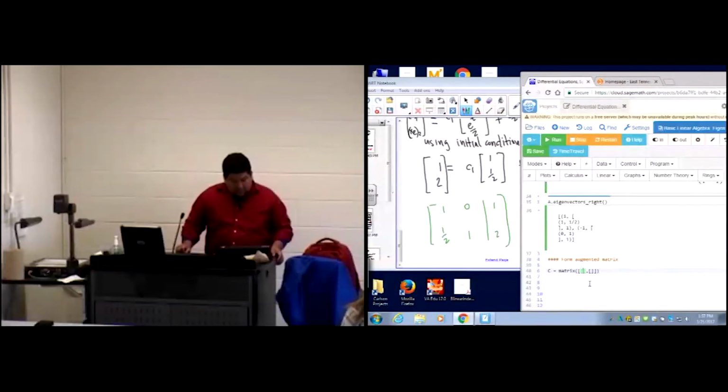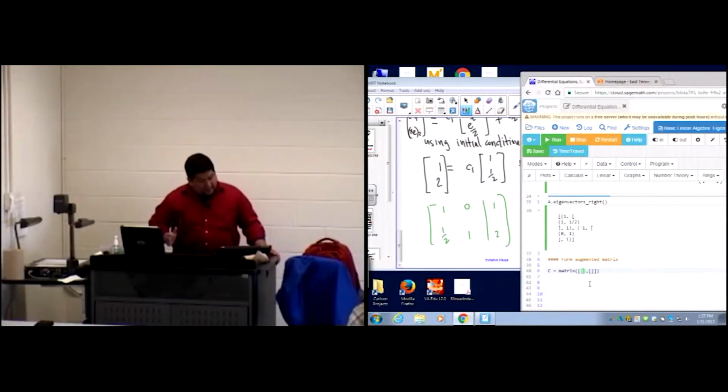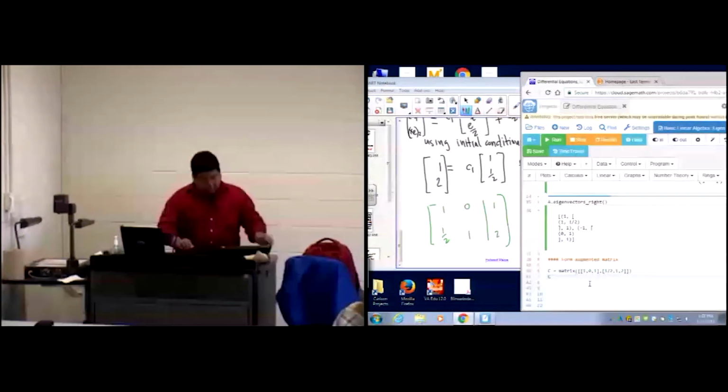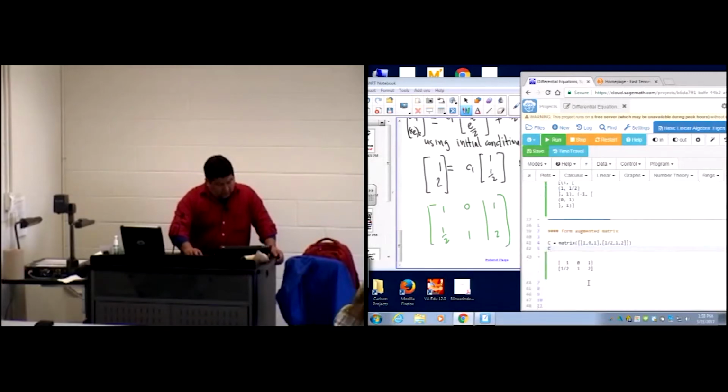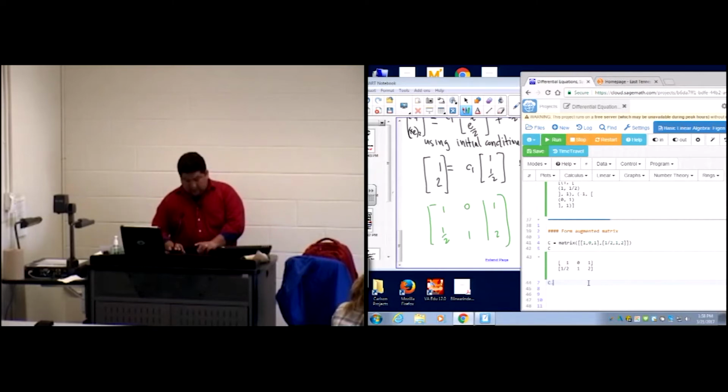The first row has values 1, 0, 1, and the second row has values 1/2, 1, 2. So there is a matrix we want to row reduce. So that's what I'm going to write here: C RREF. That's the command RREF, reduced row echelon form.